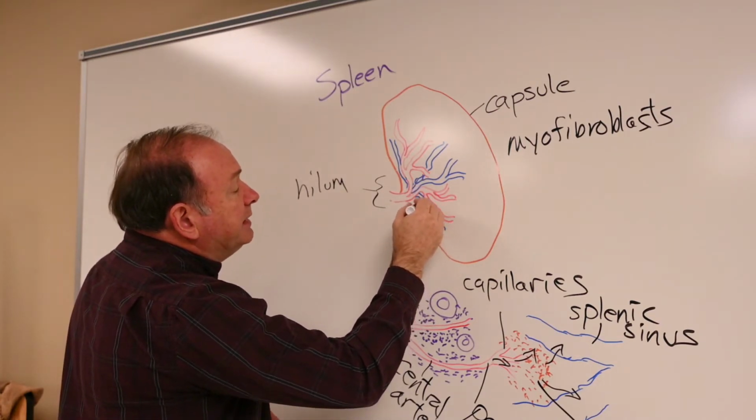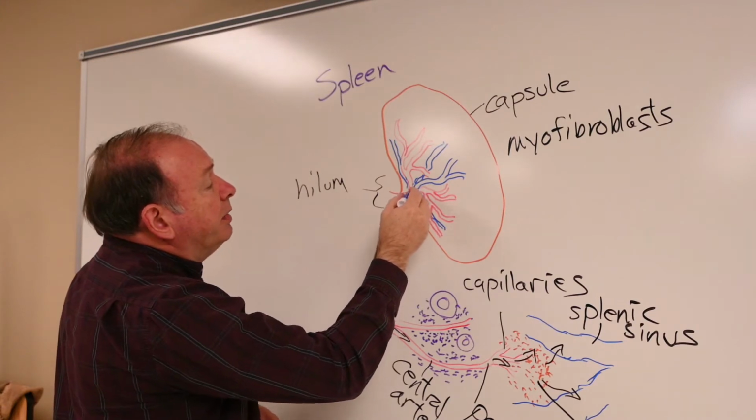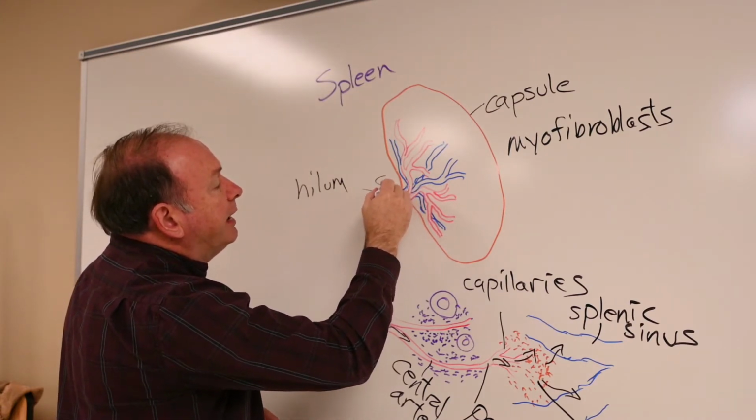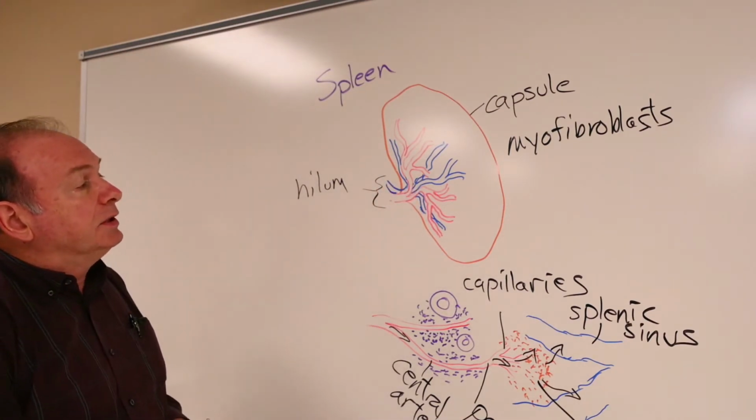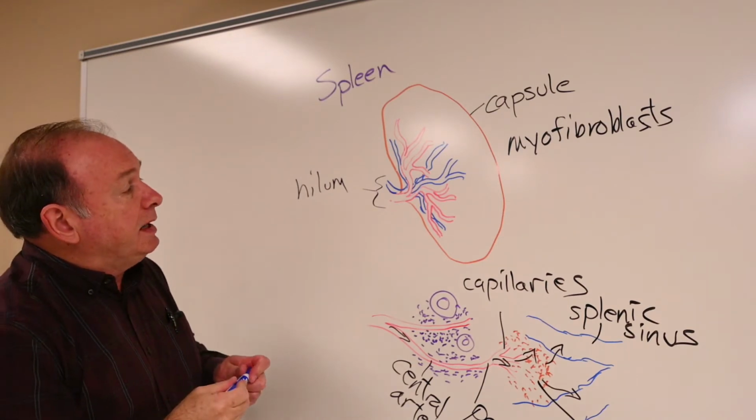Many of these splenic veins, again, follow trabeculae, so they're known as trabecular veins, but eventually they gather up into a vein that leaves the spleen. There's your splenic vein coming out.